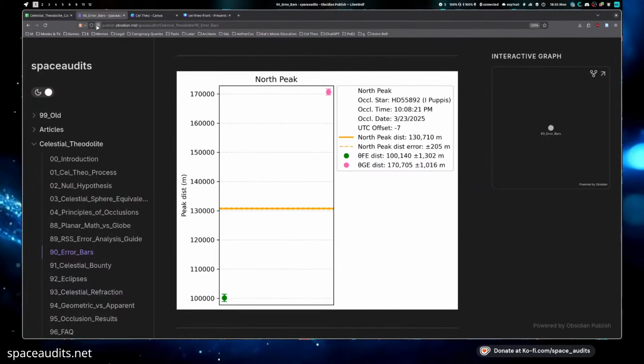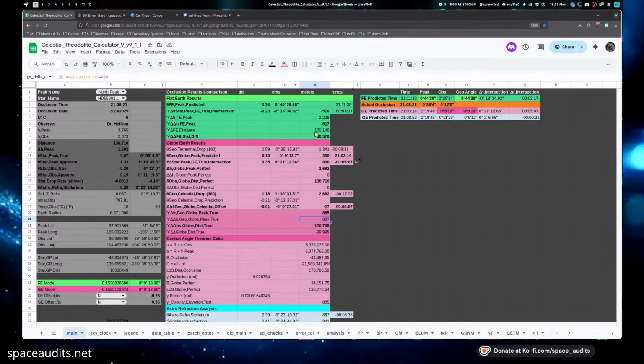And for distance wise, we got 100,000 of that, 130,000. So we were off by 30,000 meters. And the globe was off by 39,000 meters there. And that's just a product of the ratio of the triangle when it doesn't intersect with it cleanly.